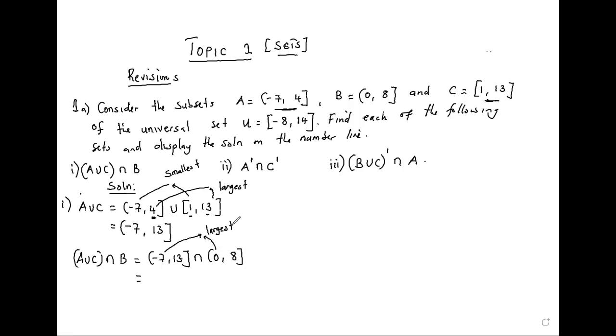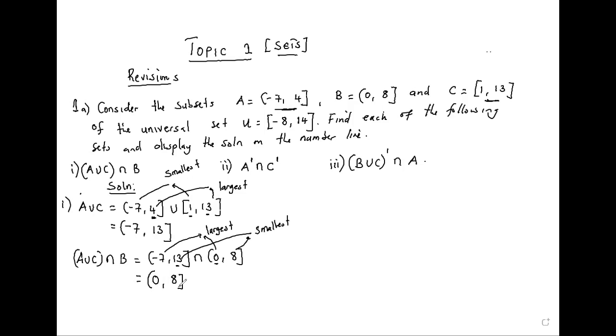And between 15 and 8, we get the smallest, provided that this number is bigger than that number. So the largest between -7 and 0 is 0. We get 0 with its bracket, comma, 15 and 8, the smallest is 8. This is the solution.